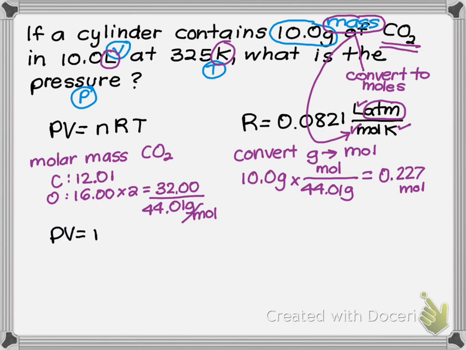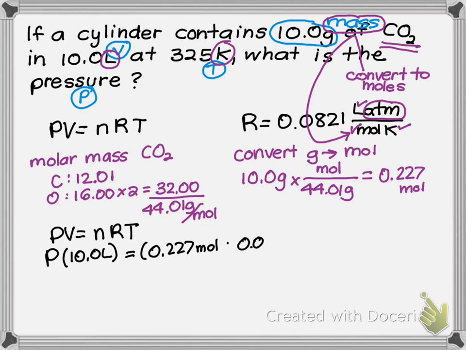So PV equals nRT. Pressure is what I don't know. The volume is 10.0 liters. The n I just calculated is 0.227 moles, times R, and then times temperature, which is 325 Kelvin.